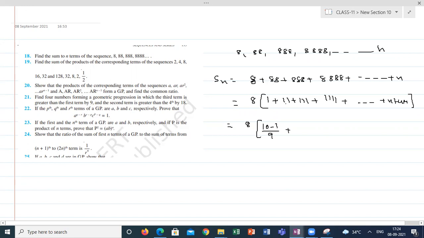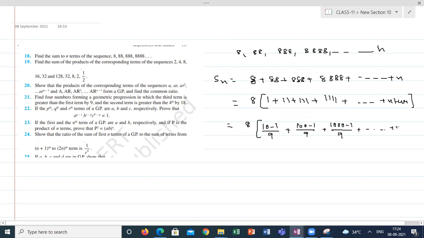So if I'm taking 8 common, 11. 100 minus 1 by 9. So 9 11s, 99. And same way, can you give what I can write here? I can write this is 1000 minus 1 by 9. Students, understand the logic what I am doing?